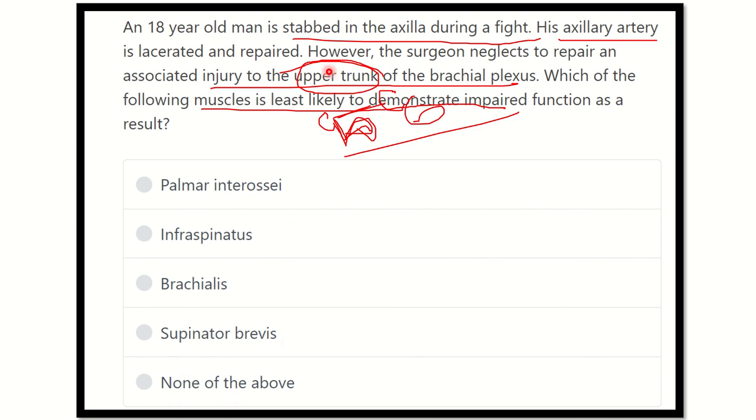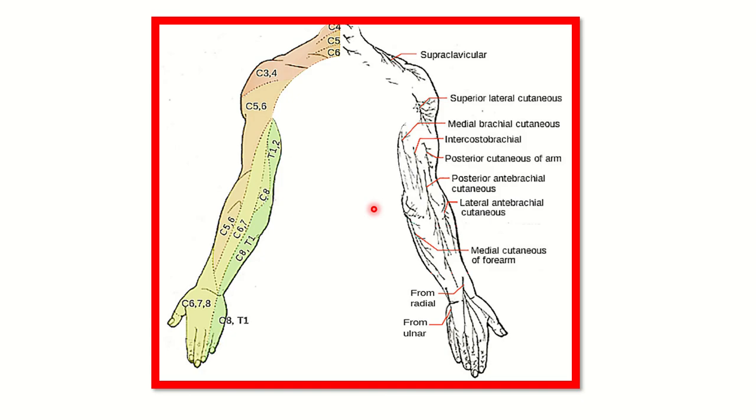We can see the upper trunk is formed by the cervical 5 and cervical 6 spinal nerves. So the muscles supplied by cervical 5 and cervical 6 nerves will be impaired. Here we can see the nerve roots of the spinal cord which supply the different regions, sensory and motor.